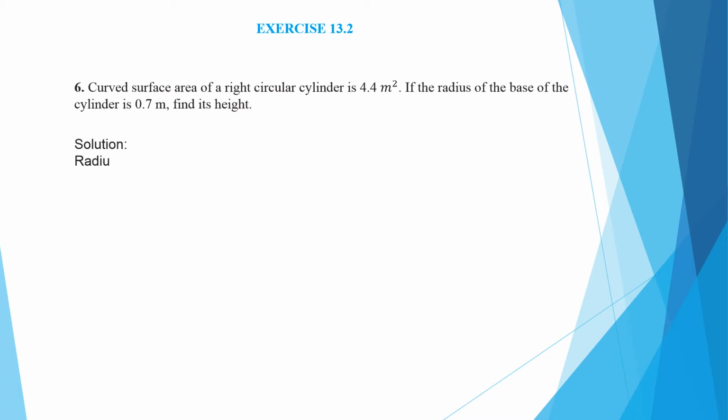So let's begin the solution. Radius is given, 0.7 meter. Height we need to find, so we will assume it as h. CSA, that is curved surface area, is given as 4.4 meter square.